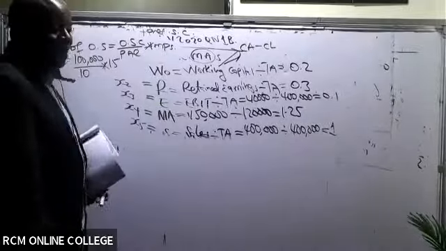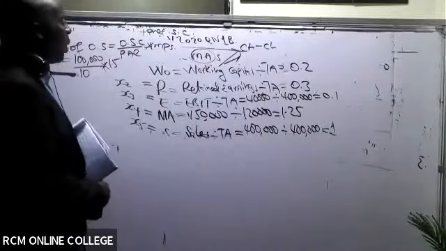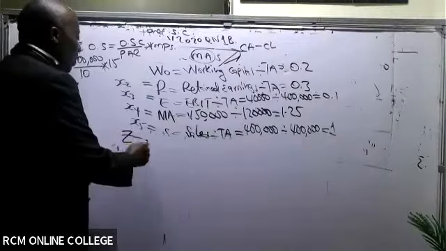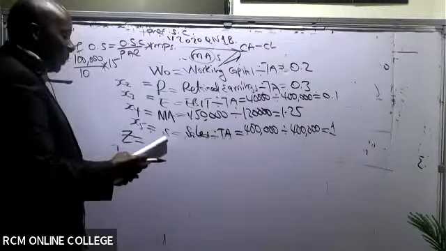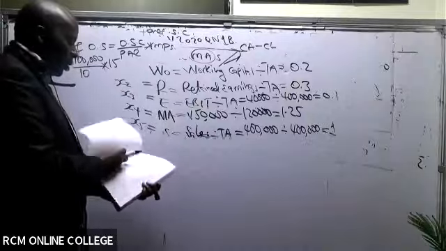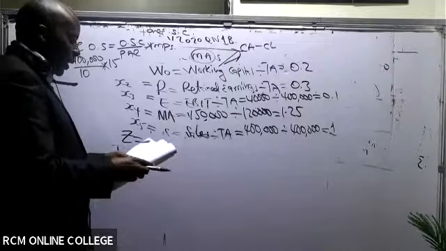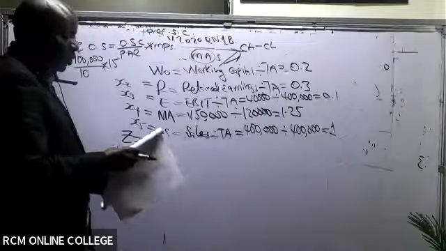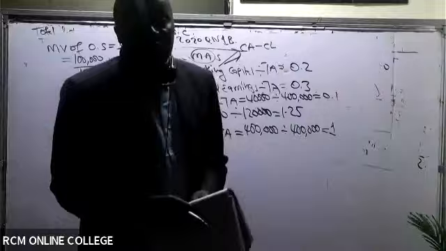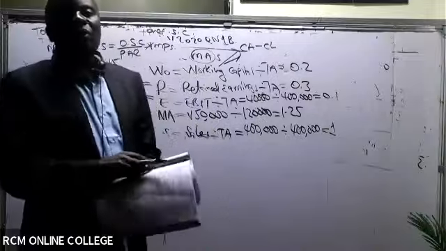So once I finish that, ladies and gentlemen, I will need to come and plug in these X values on the Z equation. The examiner has already given us the Z equation. Even this semester, should they bring this question, they shall give you the Z equation. Don't struggle cramming it.